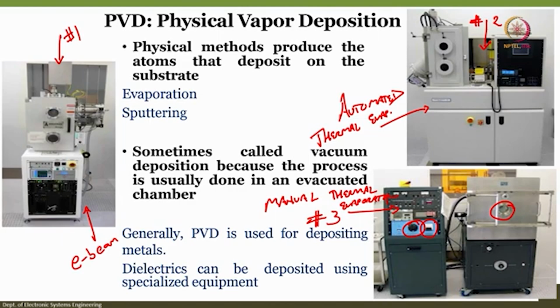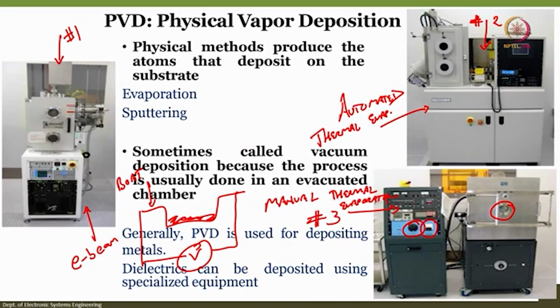If the boat gets melted, what will happen? All the things will fall. So, let us say you have this and you have material here, and you apply voltage and the current becomes so high that the boat itself starts melting, the material of the boat starts melting. This is not a good idea, because then you have two different metals getting deposited onto the substrate, forming an alloy, right.